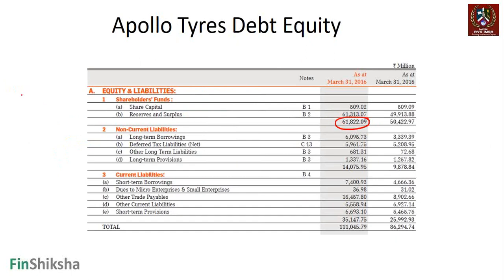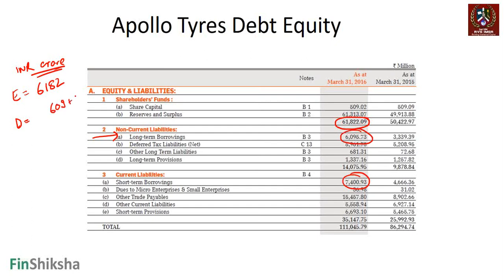So if I was to put the equity number, that's going to be 6182, and I'm going to decide this in INR crore. 1 crore is 10 million. And if I look at the debt number, long-term debt is 6095. And short-term debt is 7401, correct?